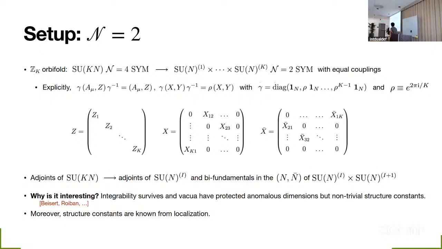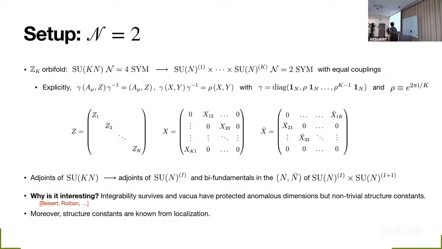Our N=2 theory is obtained from N=4 by doing an orbifold projection, which is just: you start with SU(kN) N=4 super Yang-Mills, and you perform a projection that breaks it into SU(N)^k.